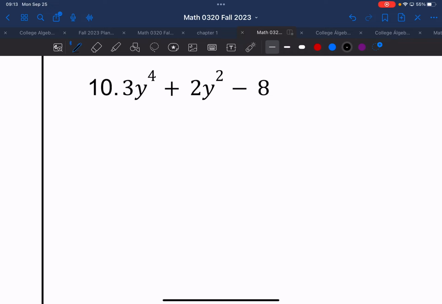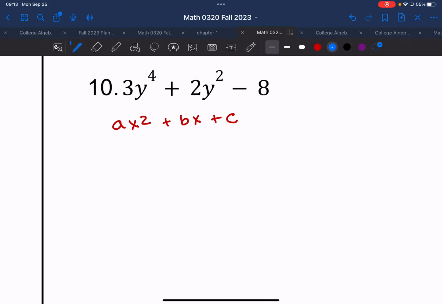We're going to go ahead and use what is called U substitution, okay? Because technically what we want this to look like is ax squared plus bx plus c, right? Because we want an x squared and an x, or in this case, a y squared and a y.